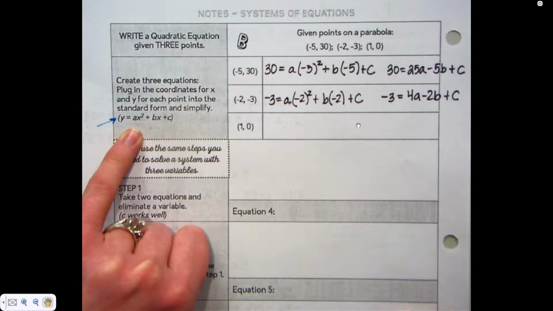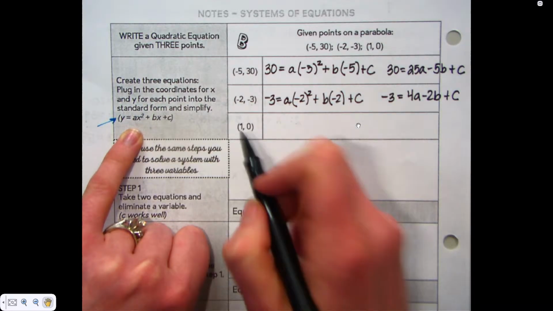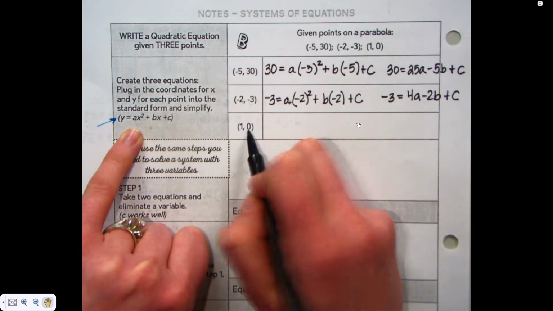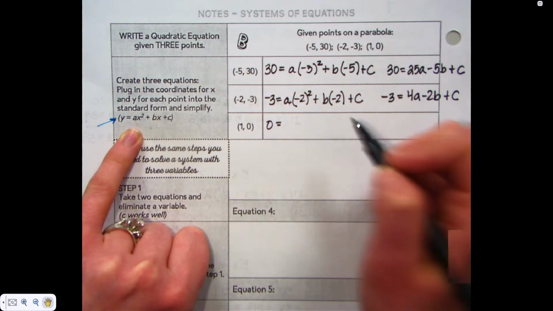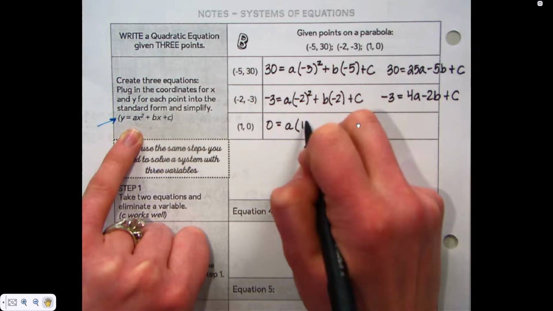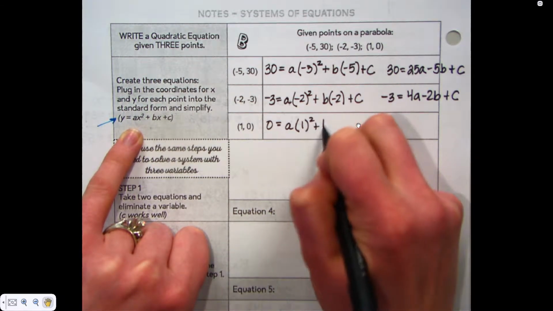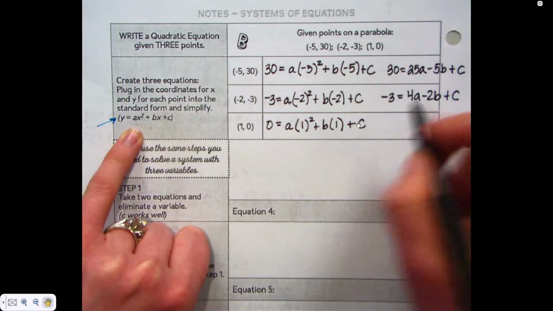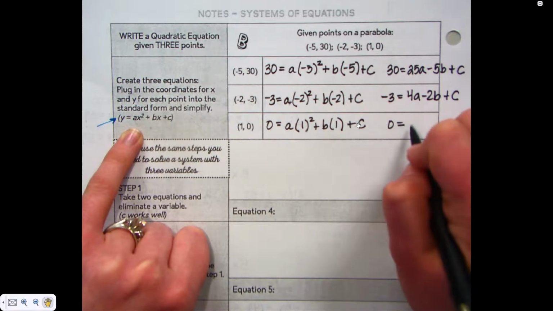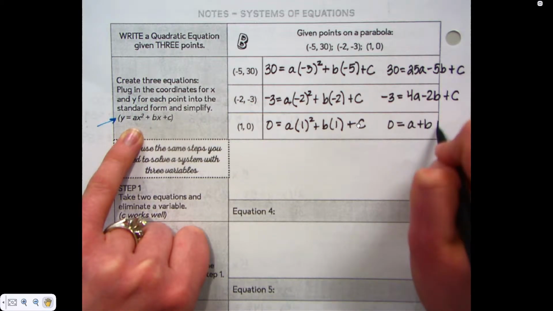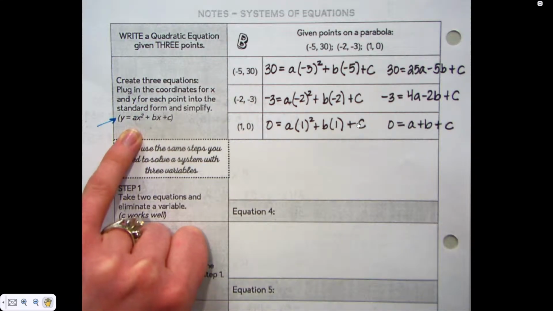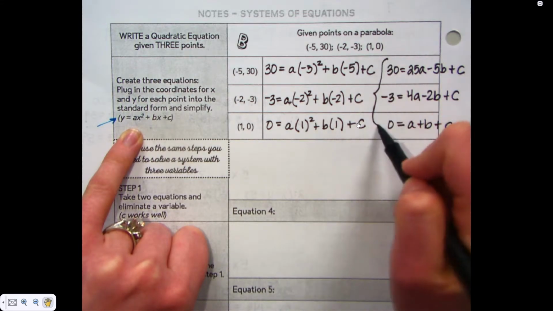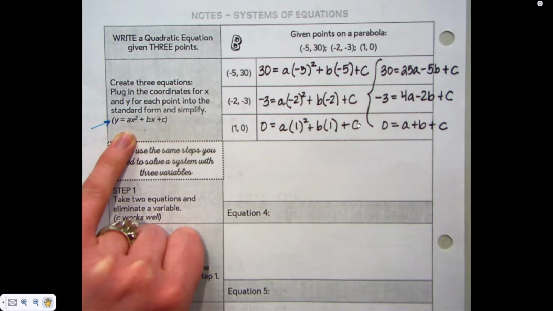And then last but not least, it's kind of nice here that they gave us a 0. We've got 1, 0. So I'm supposed to get a 0 when I plug in a times 1 squared, b times 1, and c. So this would come out to be 0 equals a plus b plus c. And these 3 equations right here are the equations for your system.